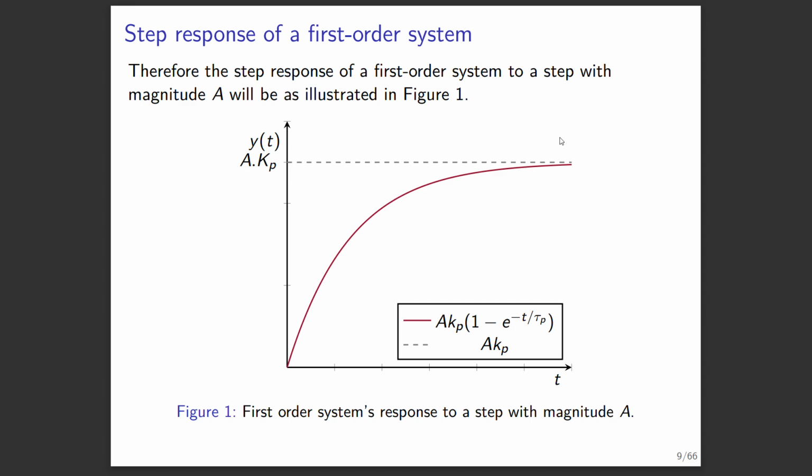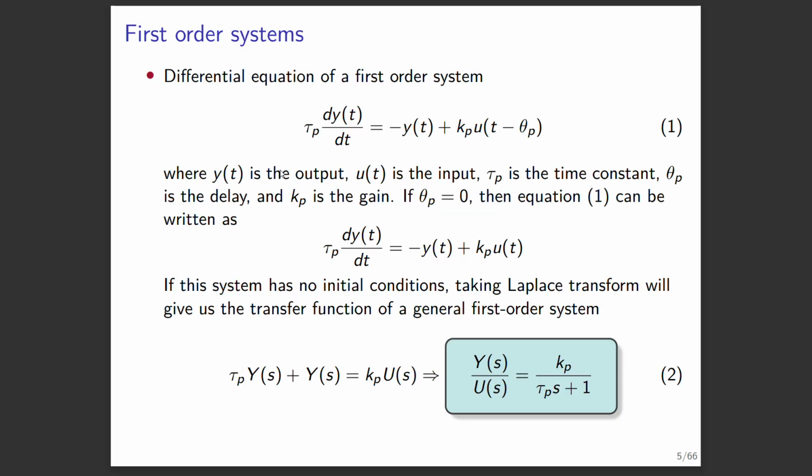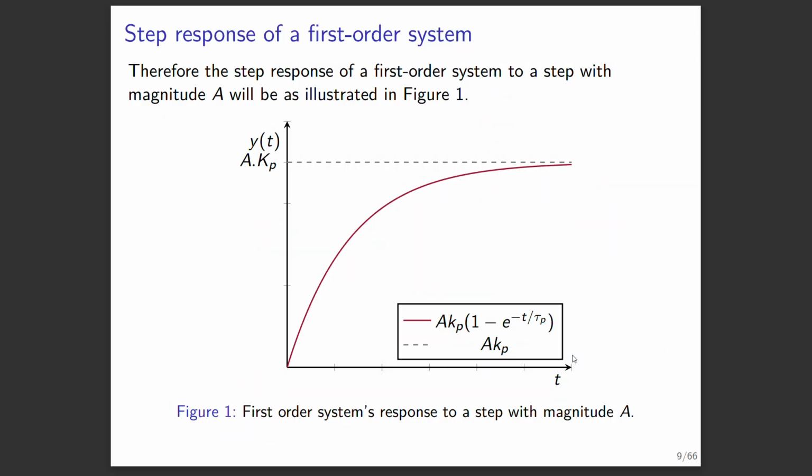as its final value. That's why that Kp is called the gain of the system. Let's go back. Kp appears here in the numerator. We studied that tau p is the time constant, and we call it time constant because it's a measure of how fast the response is. Now we learned that the name of this Kp is gain because it multiplies the response.